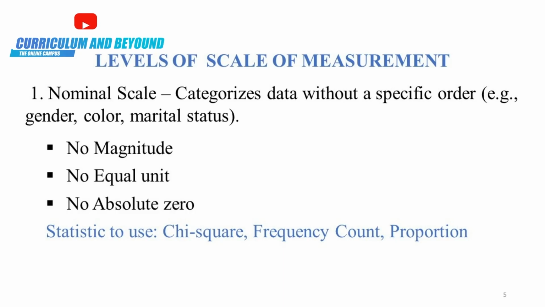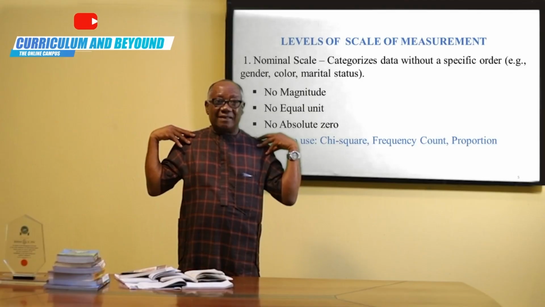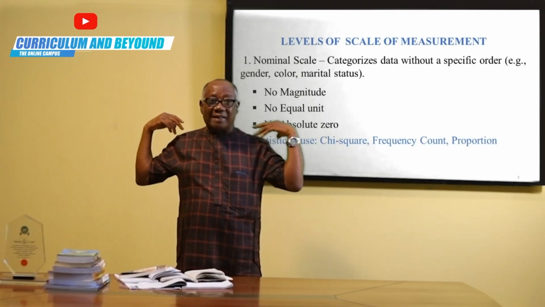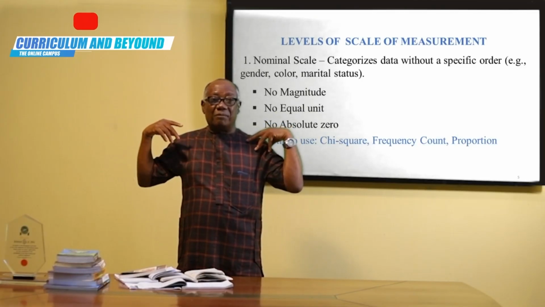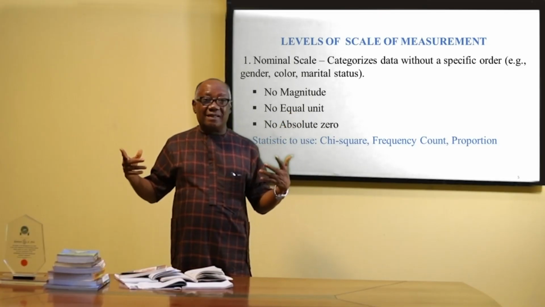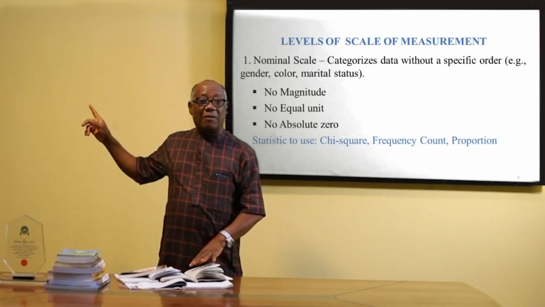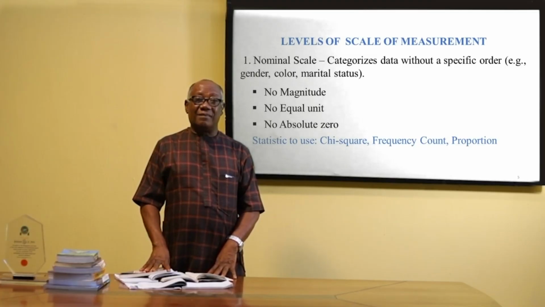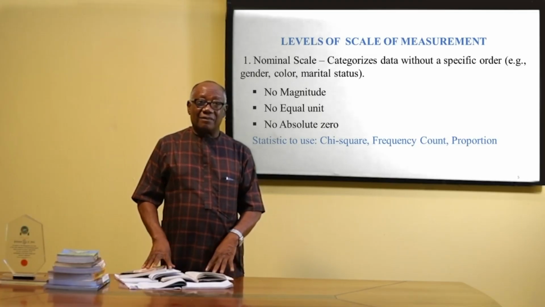Have you seen footballers in the field? Behind their jersey are written some numbers. Those numbers are nominal scale. Number 1 is the goalkeeper.